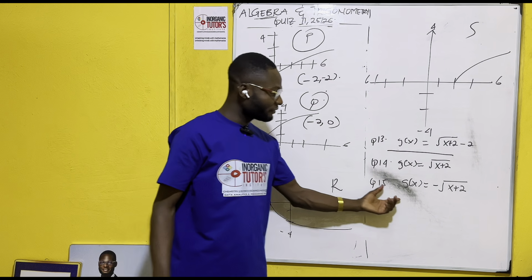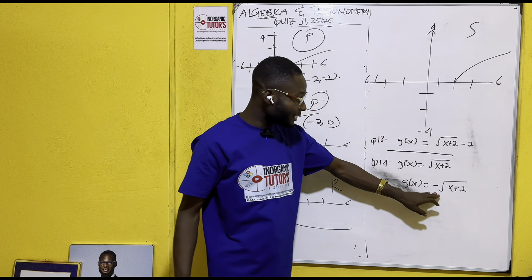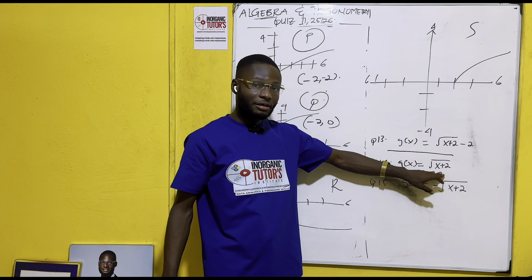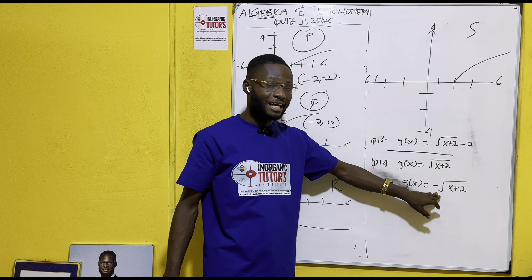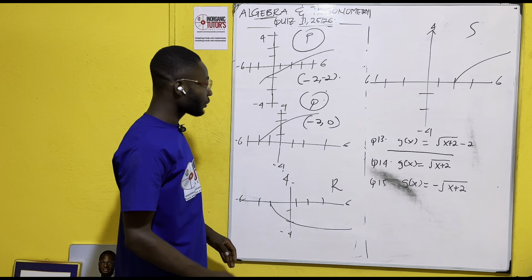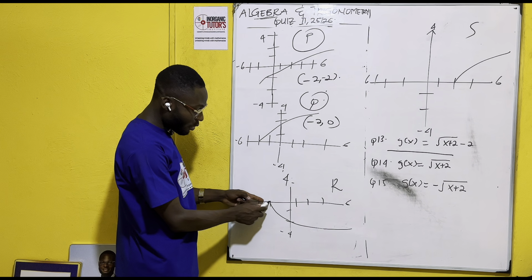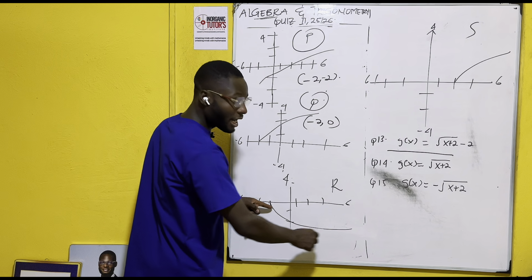And then question 15, g of x is equal to negative of square root of x plus 2. So this negative here changes everything. It means that it moves across the x-axis. Looking at this, you can see that it moves across the x-axis, but it moves downward.